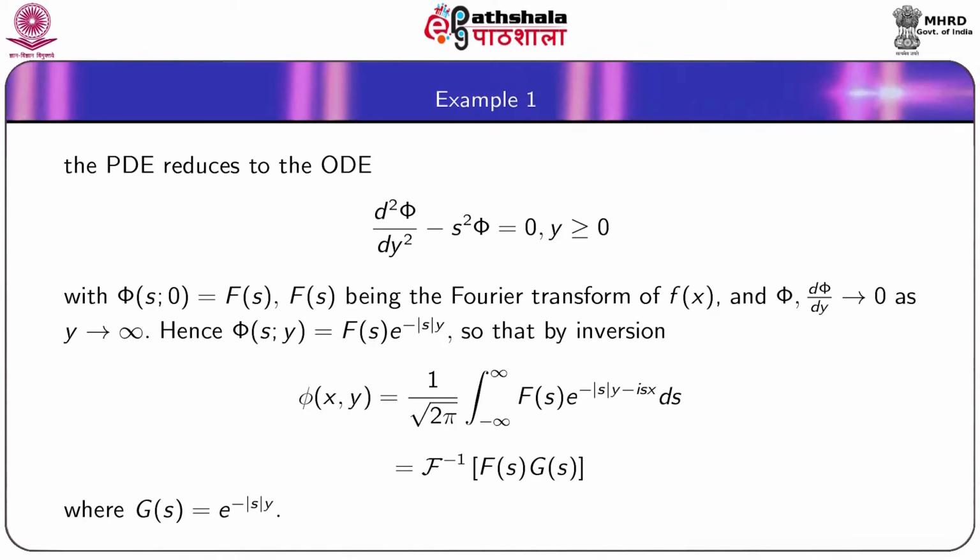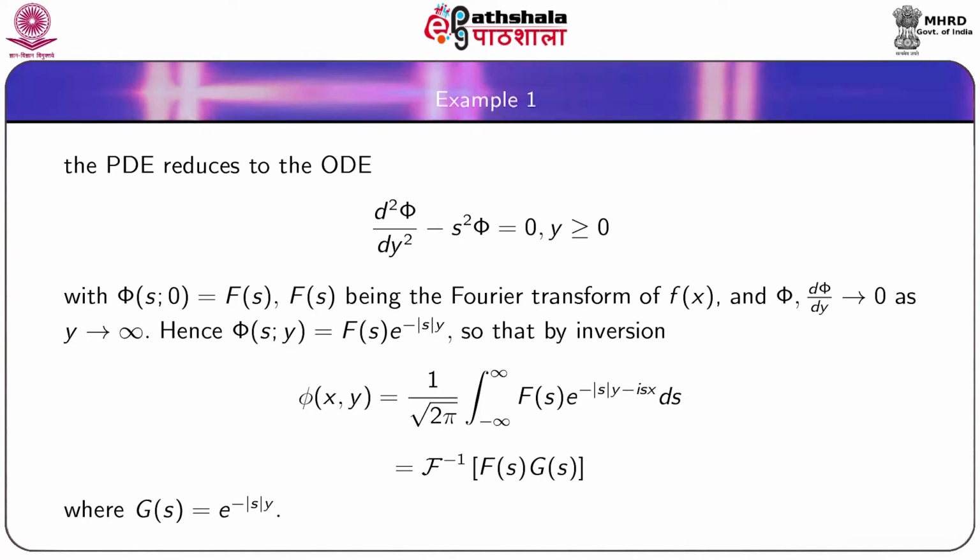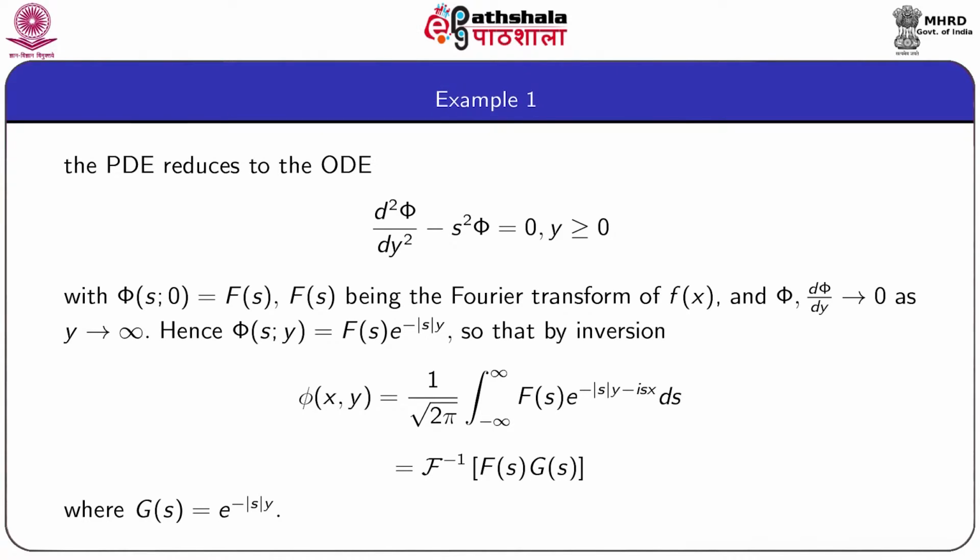Here capital G(s) is the Fourier transform of the function e to the power minus mod s y. Now we have to find the Fourier inversion to obtain the solution small phi(x,y) of the given Laplace equation.